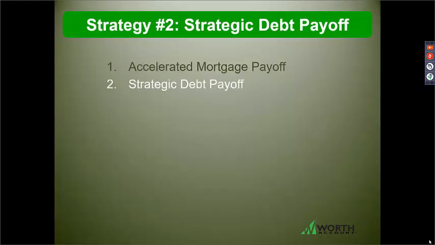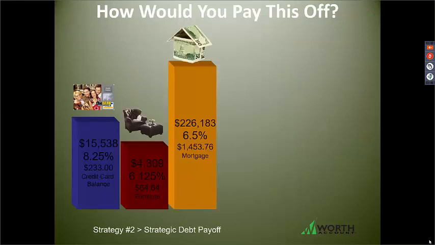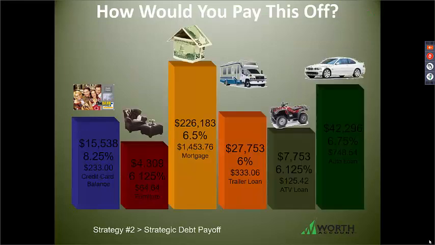So let's talk about strategic debt payoff. We've kind of gone over, well, what if I just have a mortgage and just get a home equity line of credit? Well, that's what it would look like. Well, what if we have something that looks a little bit more like this? In that situation, where you've got 5 or 6 different accounts, the program is going to target and pull in those debts into the line of credit.